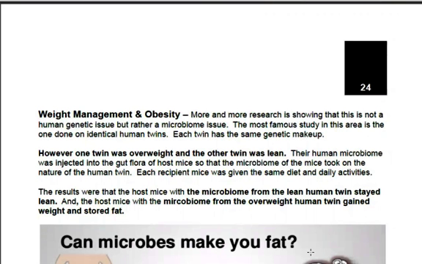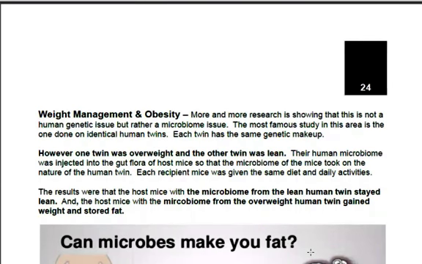So this is the famous twin study. And this is not just one set of twins, this is multiple sets of twins. When one twin is obese and the other twin is lean, they both have the same genetic makeup. But what they don't have is the same microbiome.